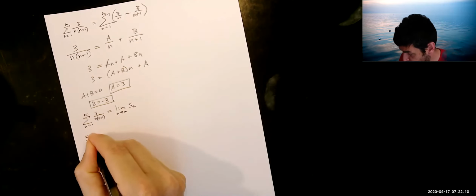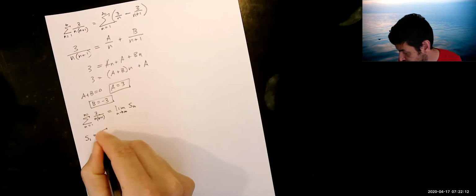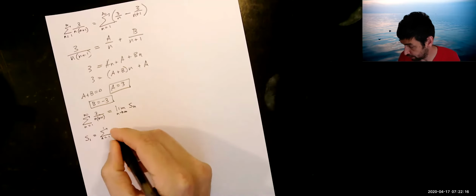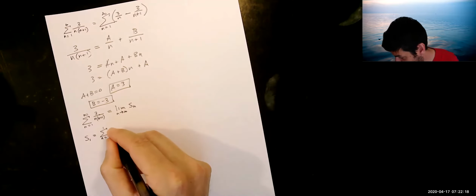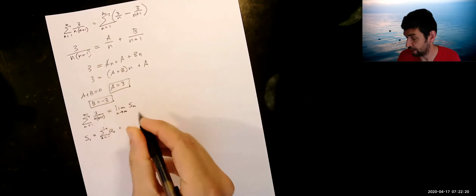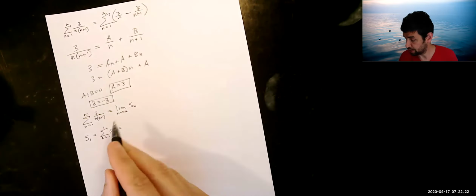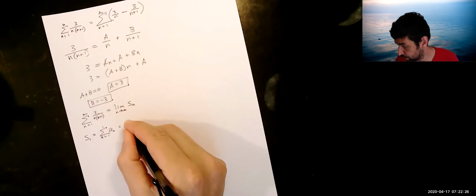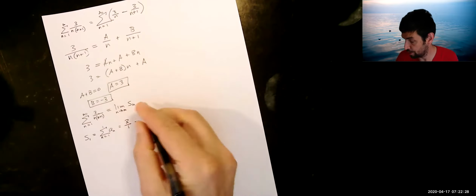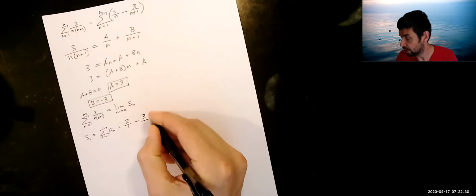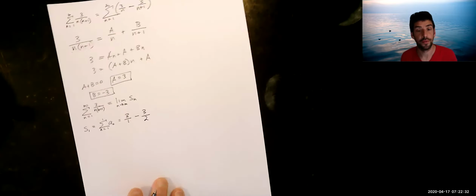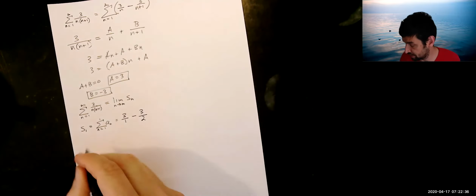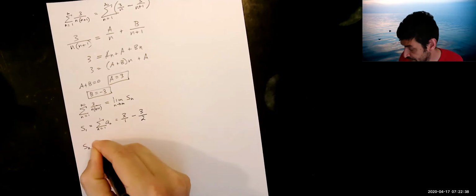Remember, S1 is just going to be the sum from n equals 1 to 1 of our series. I'm just going to write a sub n for now, so I don't have to keep repeating this big expression. If I put 1 into this expression, I get 3 over 1 minus 3 over 2. Now, we could simplify this, but I'm going to leave it for a moment because sometimes it's nice to see what pattern is emerging.